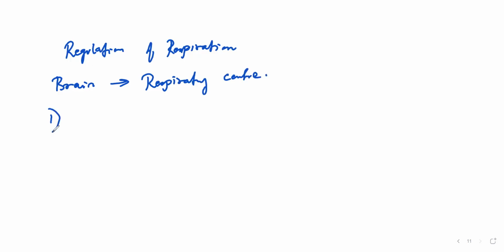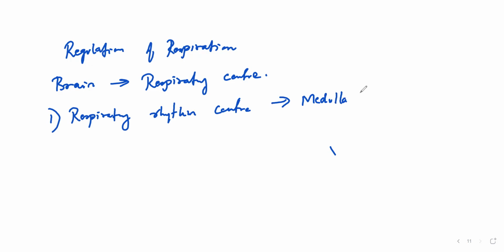The first one is called the respiratory rhythm center. The respiratory rhythm center means nothing but the inspiratory and expiratory centers, which are together called respiratory rhythm centers. This is basically in the medulla oblongata part of the brain. The rhythm between expiration and inspiration, that is exhalation and inhalation, is controlled here in the medulla oblongata.